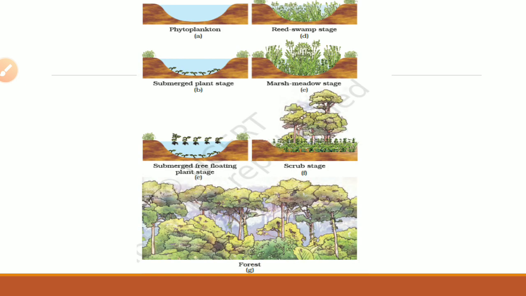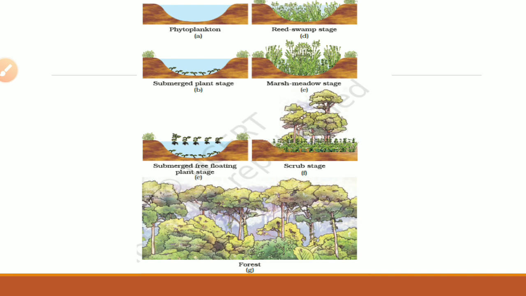So this is a figure to illustrate hydrarch succession. First, in figure A at the top left corner, there is phytoplankton. There will be phytoplankton in the water body, and after that the submerged plant stage will be formed. Then in figure C, the submerged free floating plant stage, and D, the reed swamp stage.